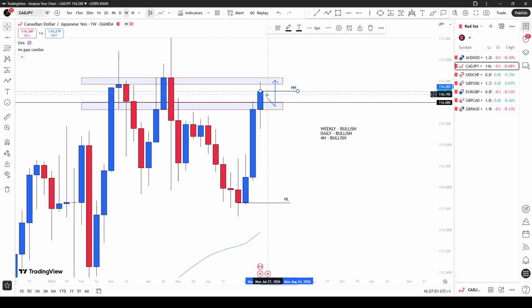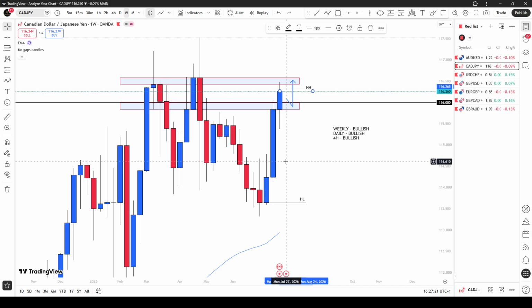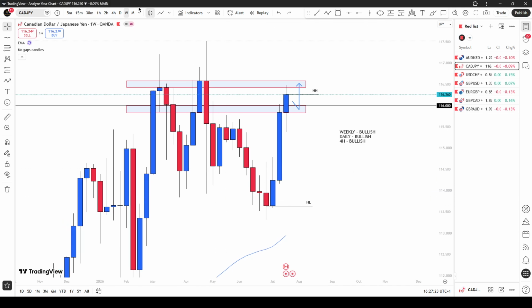So I'm waiting for, once this weekly candle closes and opens, it will give a retest, then I'm anticipating it to take this high to create a new higher high, or to come to this place and reject. So it's just very simple.